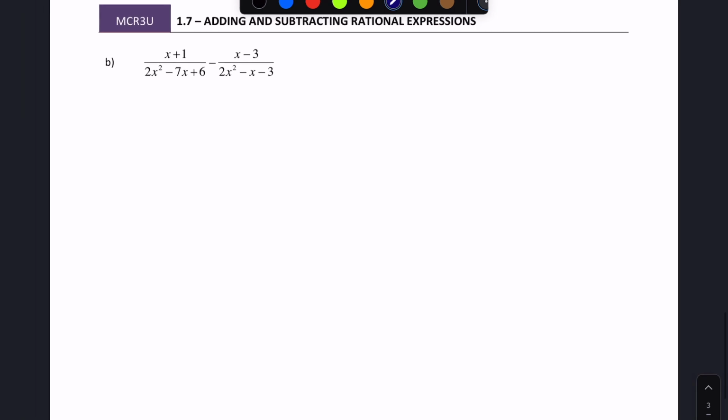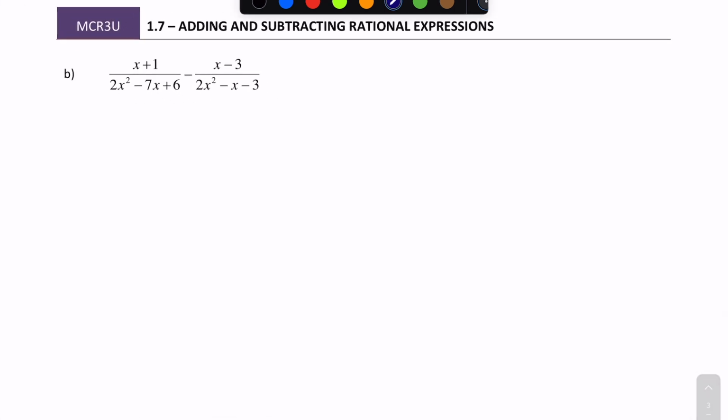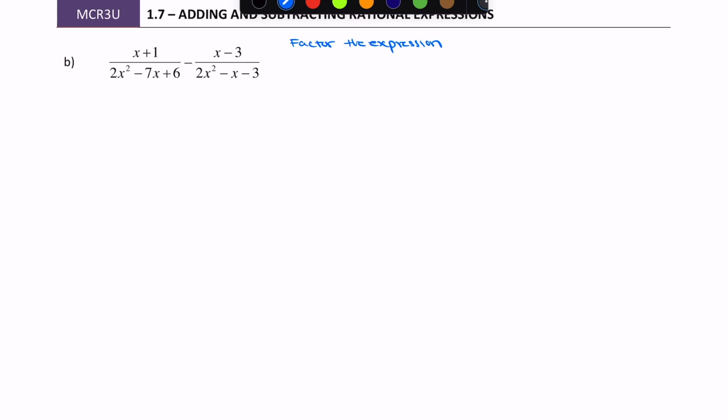Okay, and let's look at this last question here. This last question gives us x plus 1 over 2x squared minus 7x plus 6 minus x minus 3 over 2x squared minus x minus 3. So the first thing you want to do is see if you can factor the expression, in this situation in the denominator first.